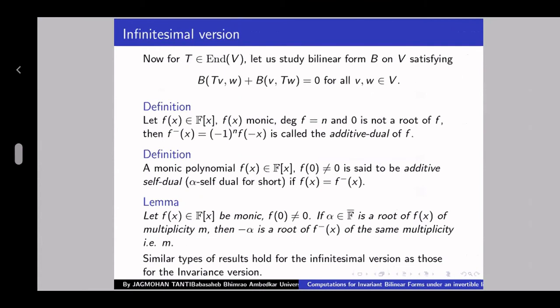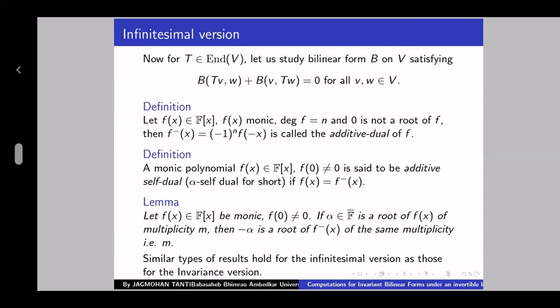In the infinitesimal version, all those results that we obtained for the invariant version are true here as well. Here, in place of self-reciprocal polynomials or reciprocal polynomials, we are talking about the additive dual of a polynomial.